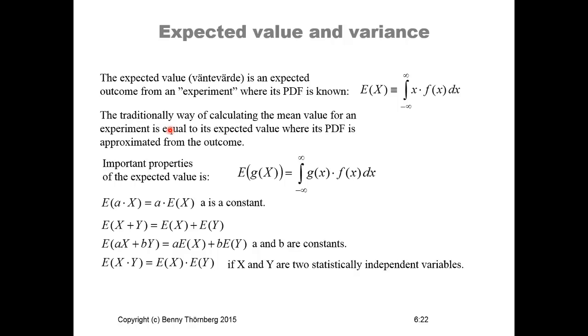Important properties of the expected value: the expected value of a function g of a stochastic variable x is equal to the integral of the function g of x times the PDF of x.